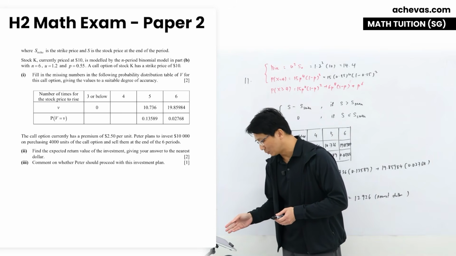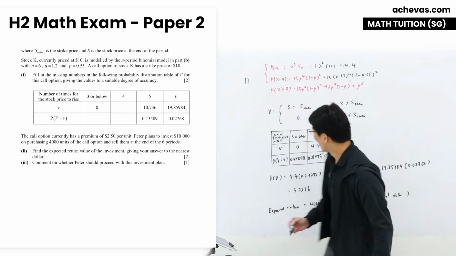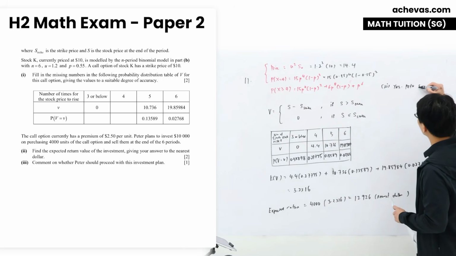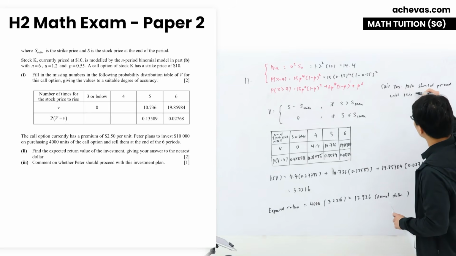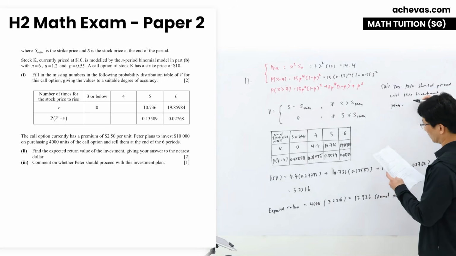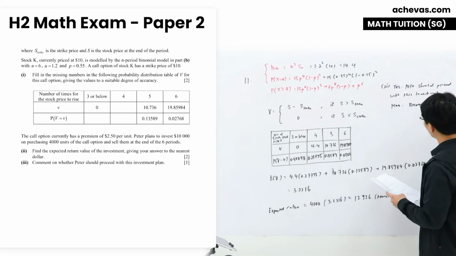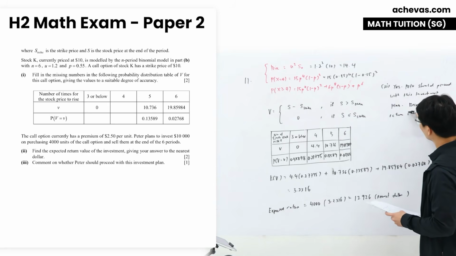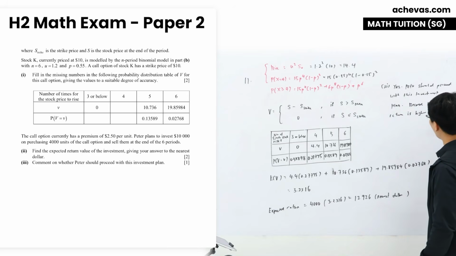Comment on whether Peter should proceed with this investment plan. Right, so yes, Peter should proceed with this investment plan, because the expected return is higher than the initial investment of $10,000.